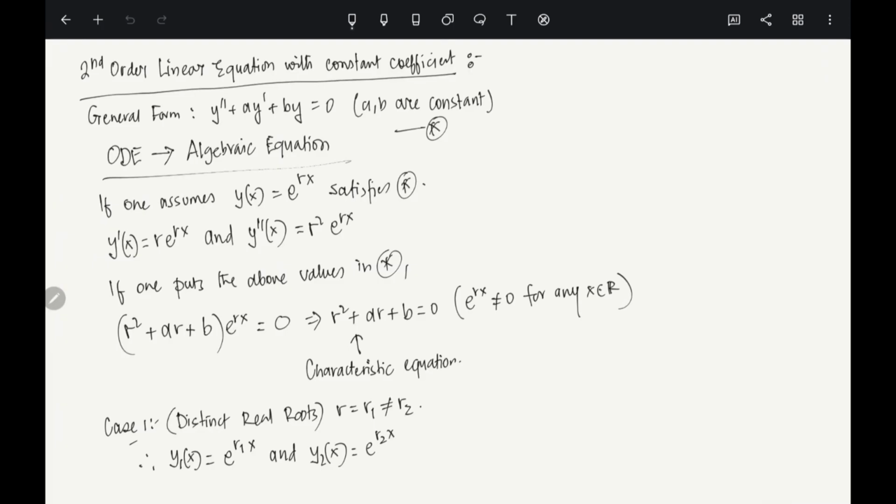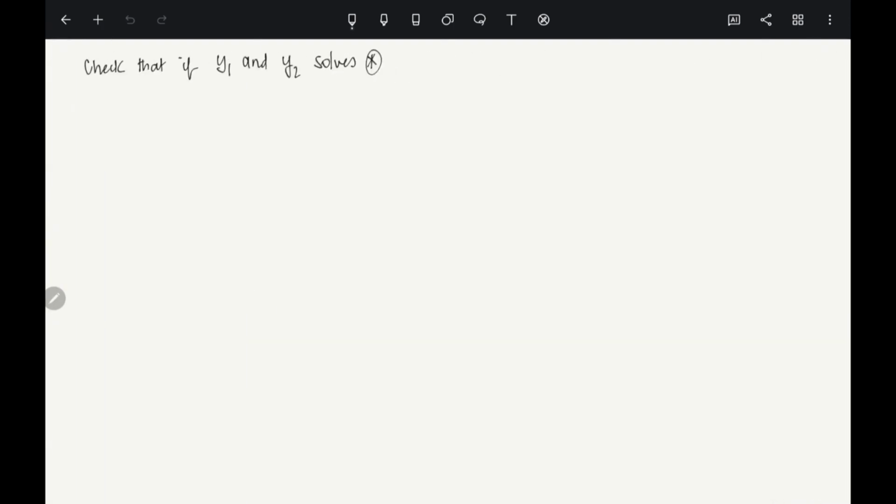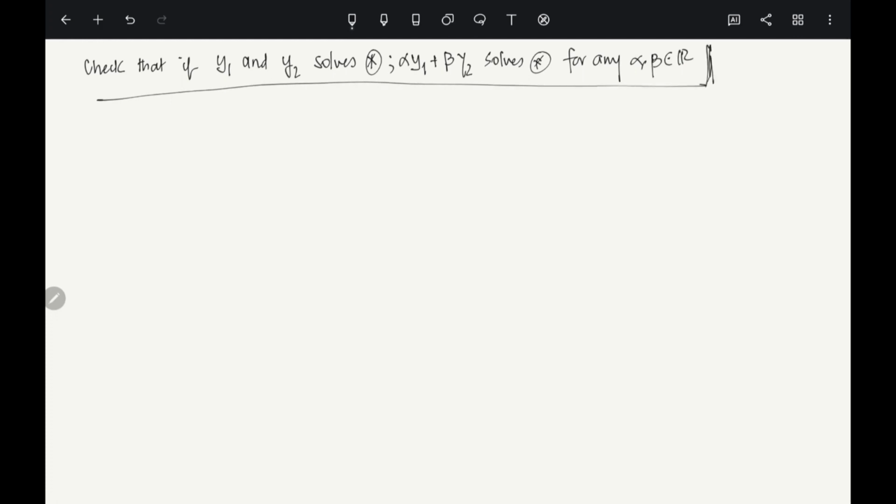If you have any two solutions y1 and y2, then alpha times y1 plus beta times y2 also solves star for any alpha, beta in R. This always holds because of linearity. Please check this. It is one of the characteristics of linear equations.